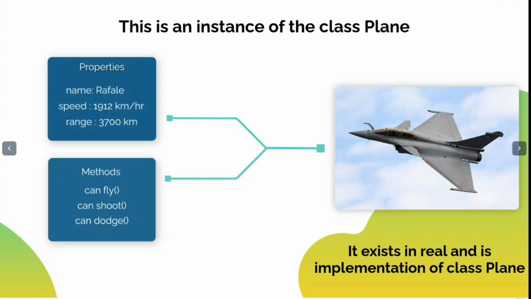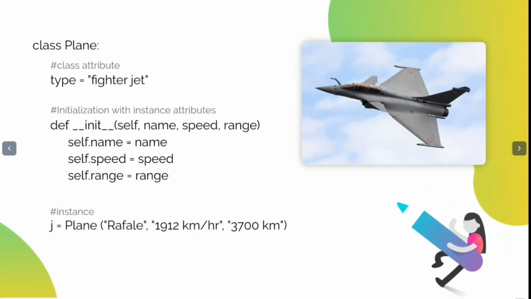It also has methods that it can fly, it can shoot, and it can dodge. While reflecting this into a program, we use the class name along with the parameters and store it into a variable. Here we have created an object for a class plane and stored it into a variable j.